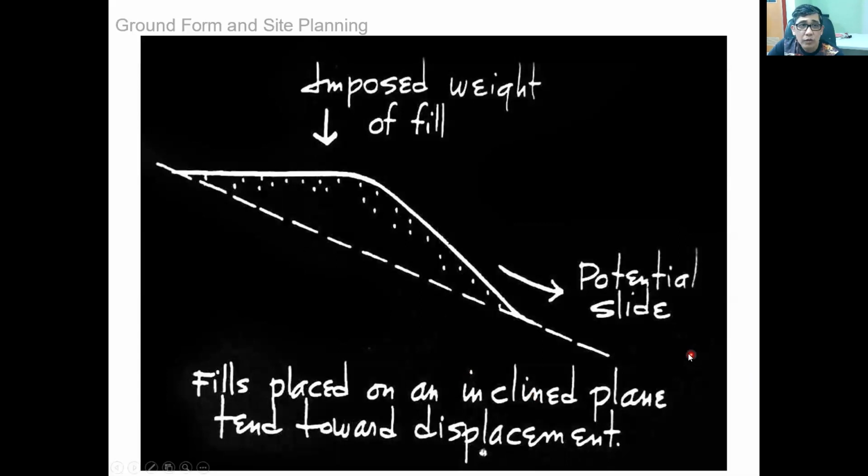So the imposed weight of the fill on the inclined plane tends towards the placement. If you put filling on an inclined area, there will be a potential erosion or slide. So you need to retrofit this area so that the embankment or the fill will not slide down the hill.